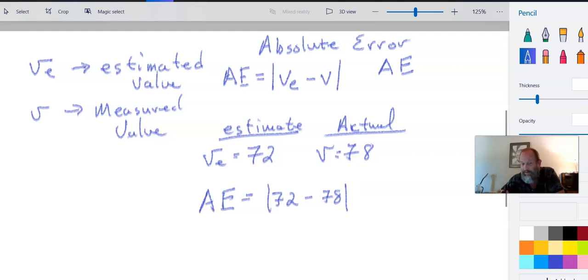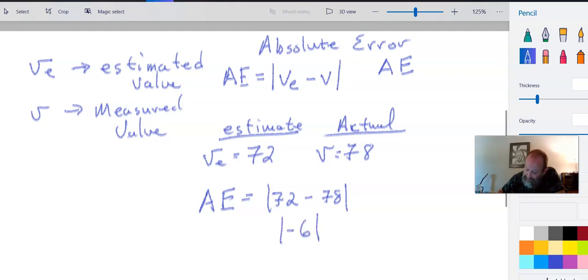Now, the way absolute values compute, you have to do all of the operations inside the absolute value first. You can't take this and turn it positive, right? You're going to have problems if you do that. You're not getting an error then, you're getting something else. But 72 minus 78 needs to happen first. And so that gives me -6.